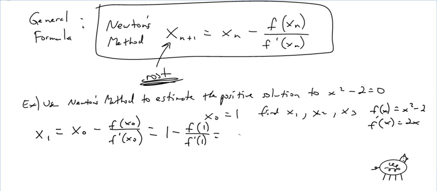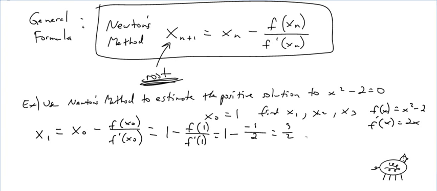It's pretty easy. So it's 1 minus f of 1, plug a 1 into the equation, and you get 1 squared is 1 minus 2 is negative 1. And plug a 1 into f prime, and you get 2 times 1 is 2. Okay, so you get 1 plus 1/2, which is 3/2.